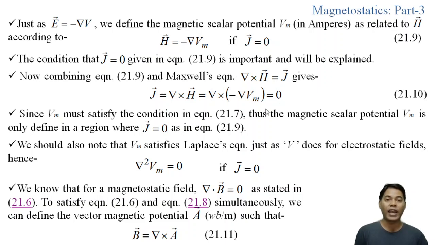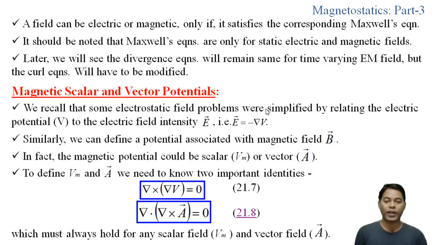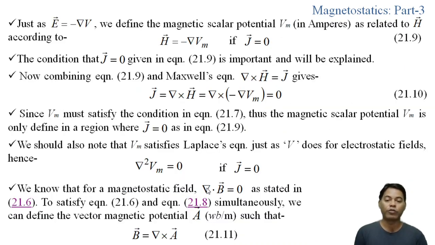That means the vector identity 21.7 must be satisfied. But H equals minus grad Vm, whereas the curl of H equals J, not 0.